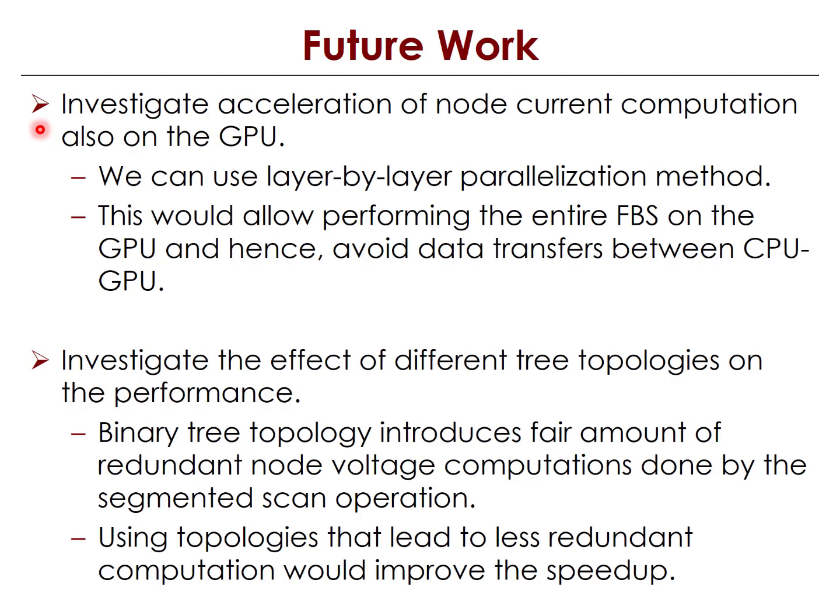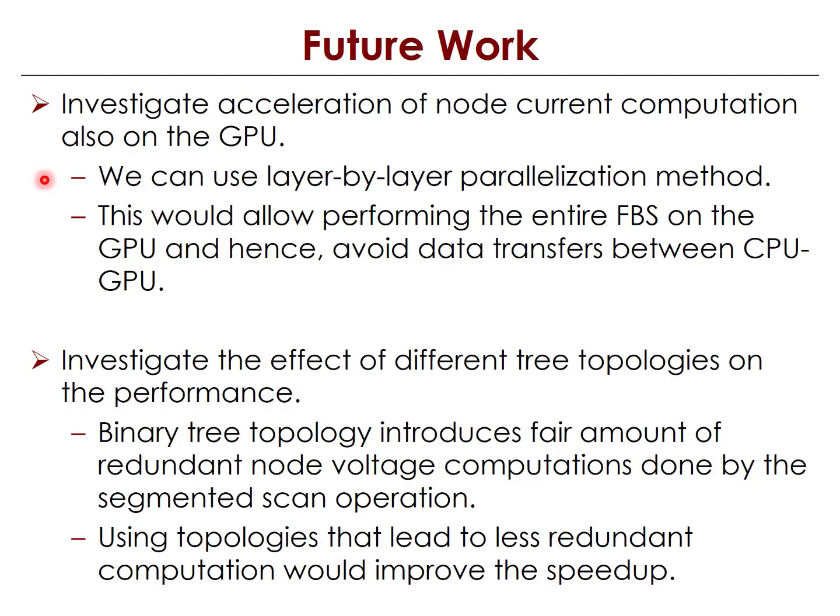In the future, we plan to investigate acceleration of node current computations also on the GPU using an approach similar to the one proposed by Ablakovich et al., which uses a layer by layer parallelization method. When we use this method, we expect the performance of the GPU to be degraded as we move to higher levels of the tree towards the root node.